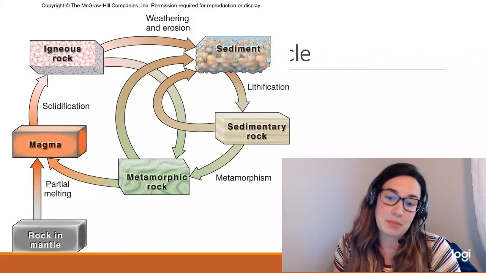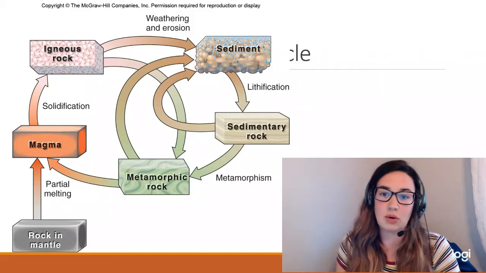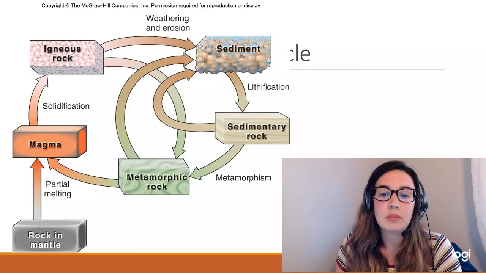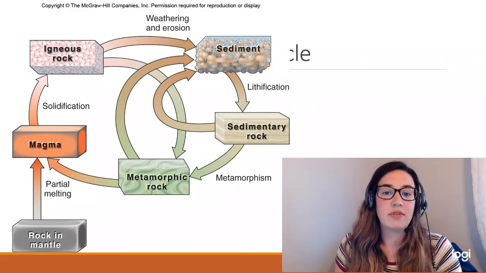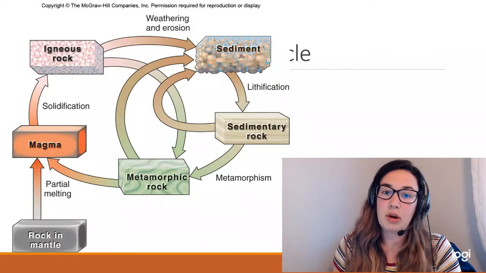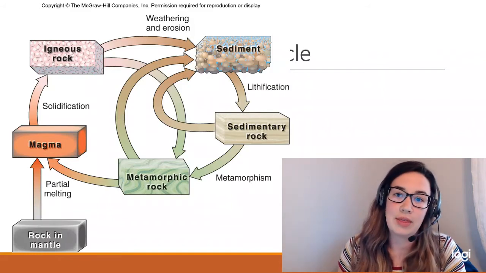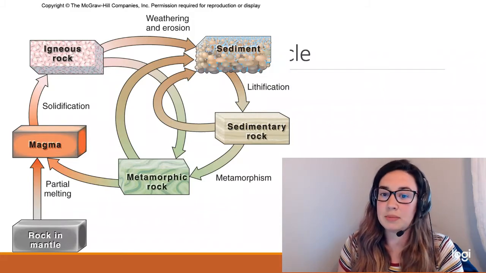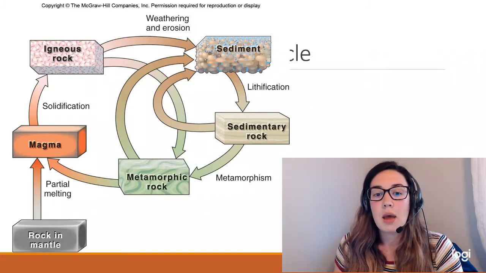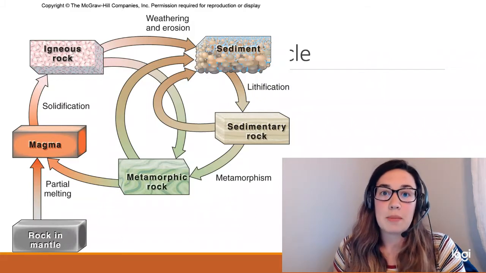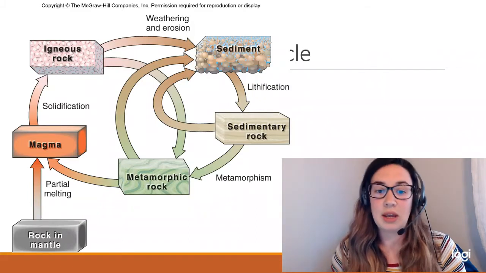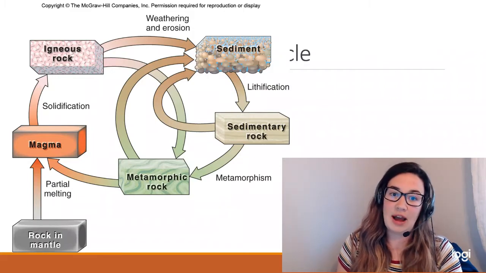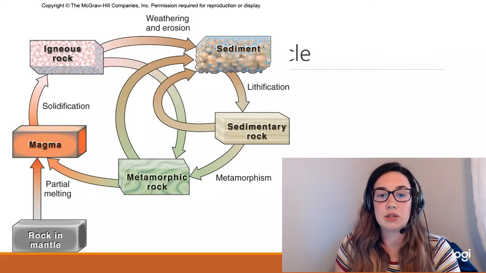And that sediment becomes sedimentary rock through lithification or cementation or compaction. And then we also have our metamorphic rock here. And if our metamorphic rock undergoes weathering or erosion, it can also become sediment and then eventually become sedimentary rock. But our metamorphic rock can also become magma. And then our magma can solidify and then become igneous rock.